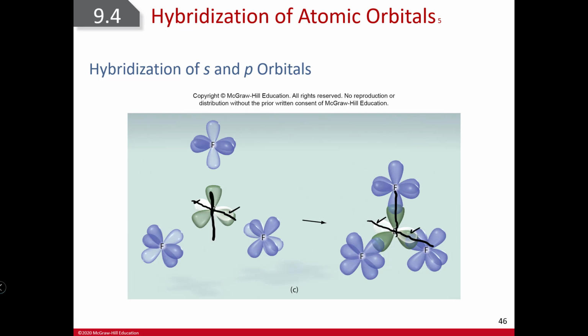So keep that in mind. One of the p orbitals is not hybridized. We just took two of the p's and the s, and we get sp2.